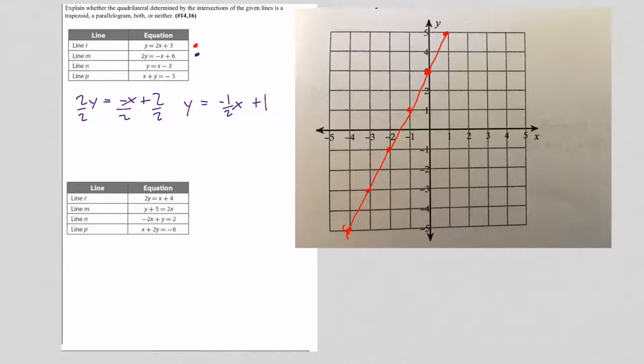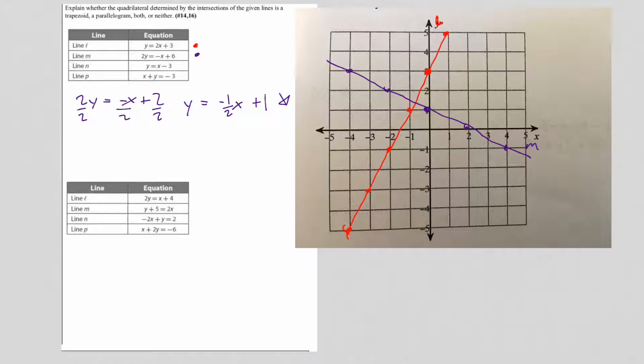So now this line in purple, line M, I start at 1. It's going downhill. Down 1 over 2, 1 over 2, and here's this line. So that's line M. This is line L.